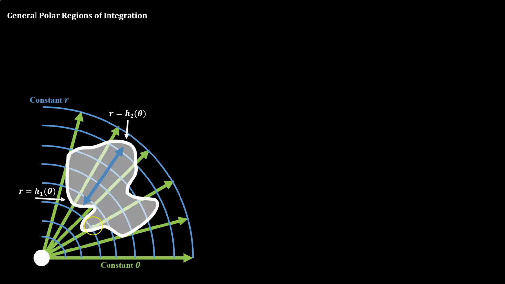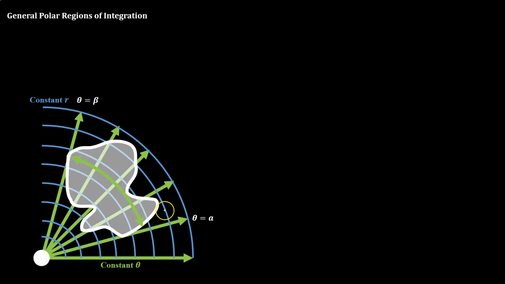As theta changes, the radius value is changing along this curve. And then that outer boundary that defines the outer radius, I'll call that a function h2, which changes as theta is changing. So my radius is squeezed between two functions rather than between two constants for this very general looking region.